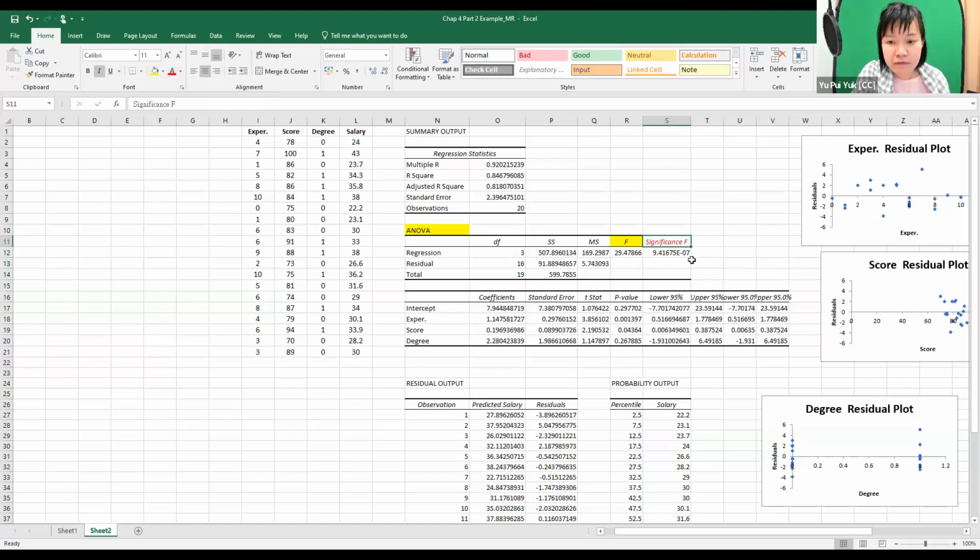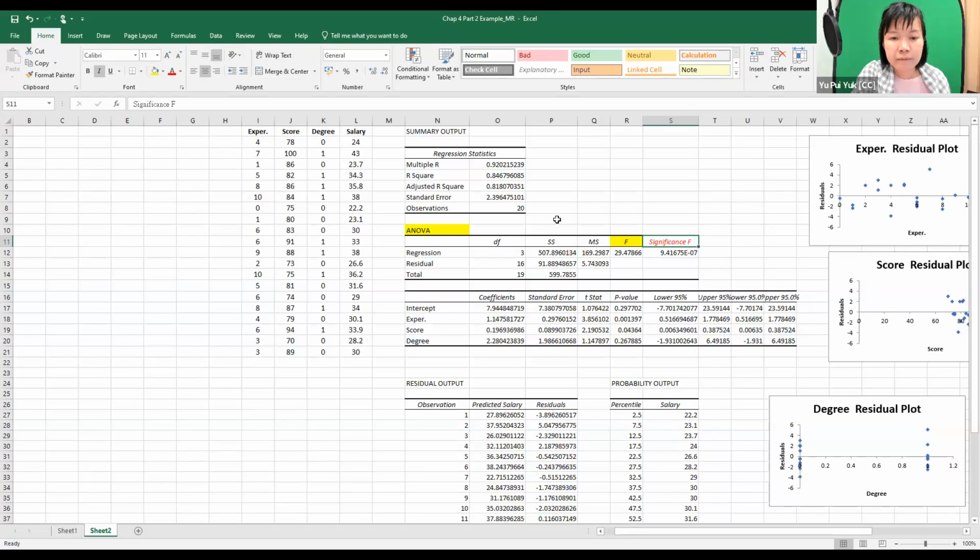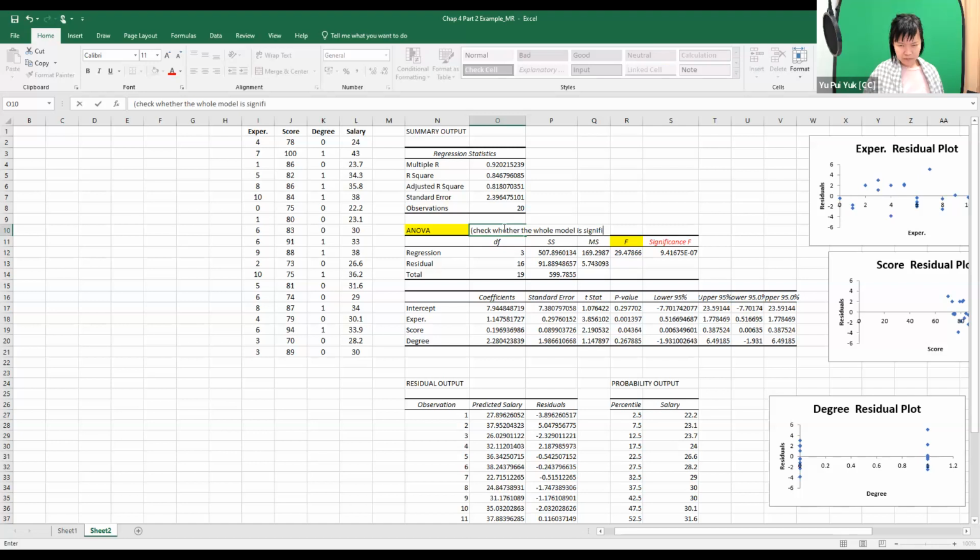Based on the p-value, let me just type it, we check whether the overall model is significant or not.